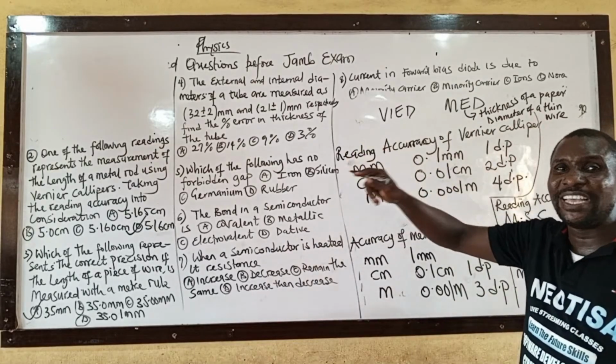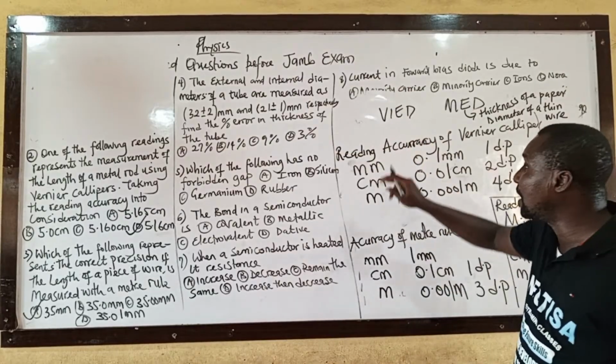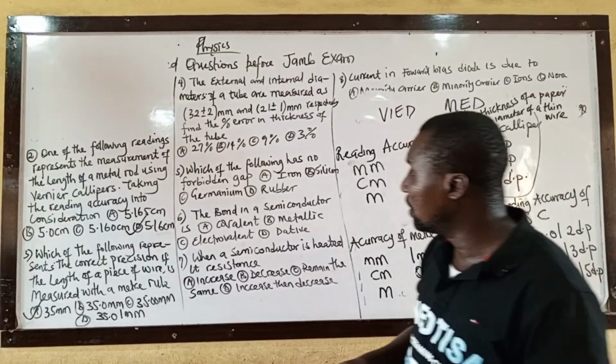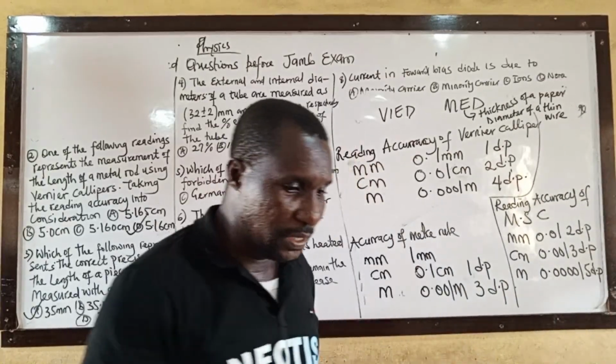But if you want to measure internal and external diameter, we use what? Vernier caliper. Take note of that. Let's move to the next question.